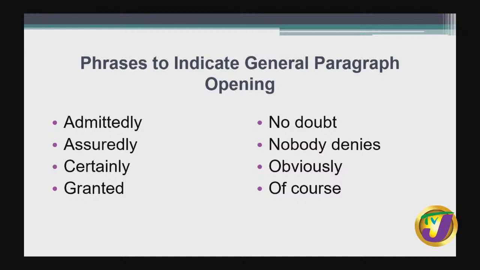In fact, you're being advised to not use those. So here are some that you can use instead. Think about using admittedly. Think about using assuredly, certainly, granted, no doubt, nobody denies, and you could add that, obviously, and of course.